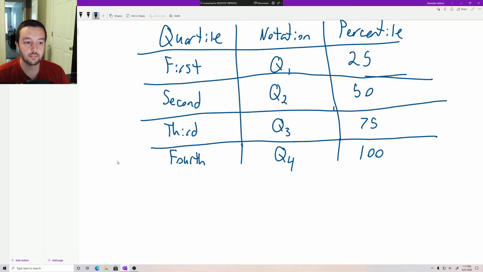And for that reason, if you take the exam 2 different times, you might get 2 different scores, even if you do similarly, because it depends on how everybody else did too, right? If you are in the 50th percentile, they're telling you that you did better than 50% of people. But the first time you take it, that might be a different number than the second time you took it.